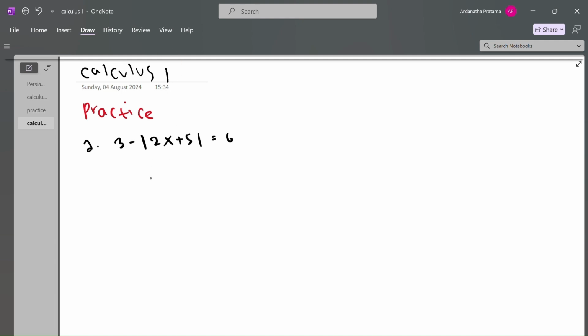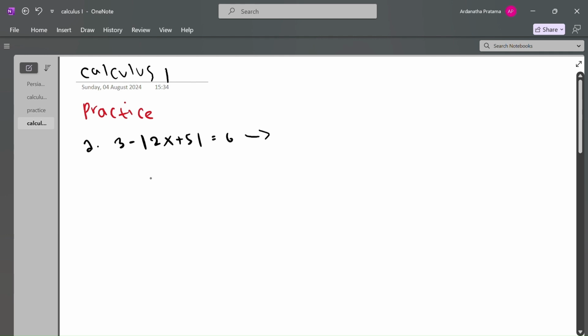So today we are going to practice a subject from Calculus 1. Here we have 3 minus the absolute value of 2x plus 5 equals 6, and I will divide it into parts. The first form is 3 minus (2x plus 5).